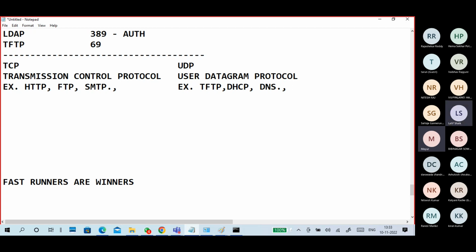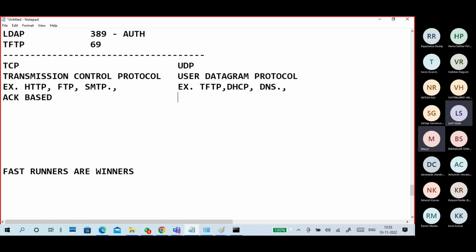So what is TCP? The behavior is that it is an acknowledgement-based protocol. In UDP, you don't use any acknowledgement.